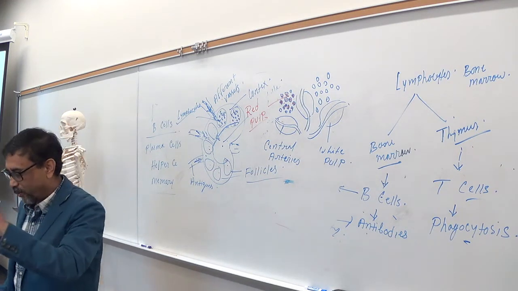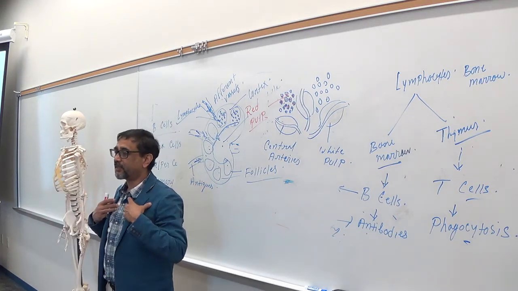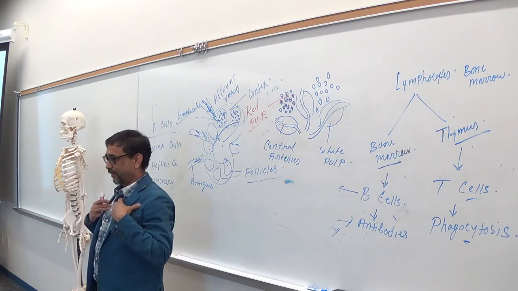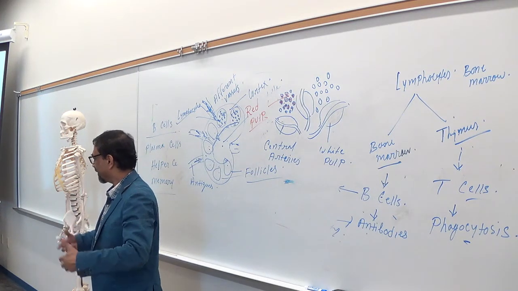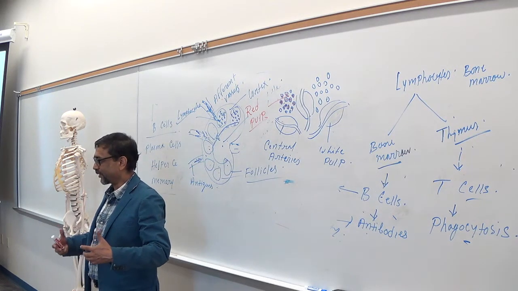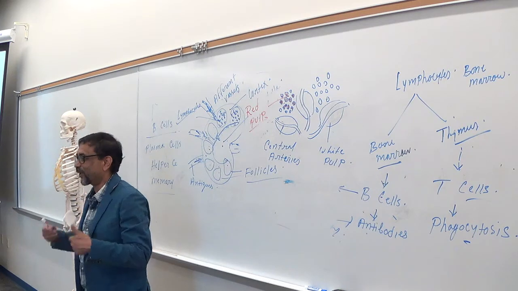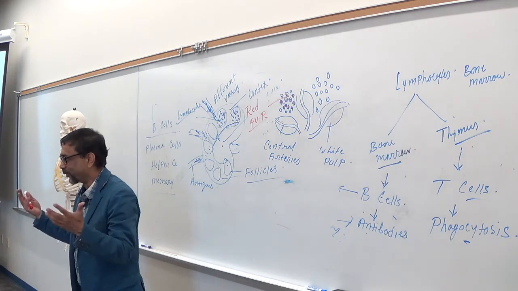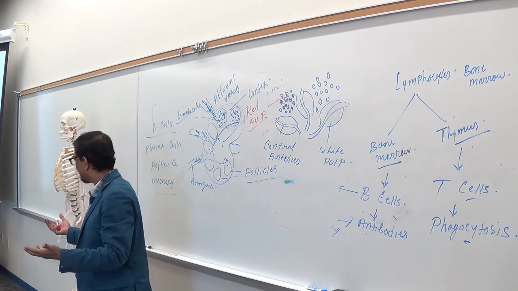So why is that? Thymus is very big in early stage of life because it takes years to develop our immunity in the body, right? Immunity develops slowly, gradually, right? When you get exposure to any antigen, your body creates one type of immunity, right? Then another type of antigen, your body produces another type of immunity.